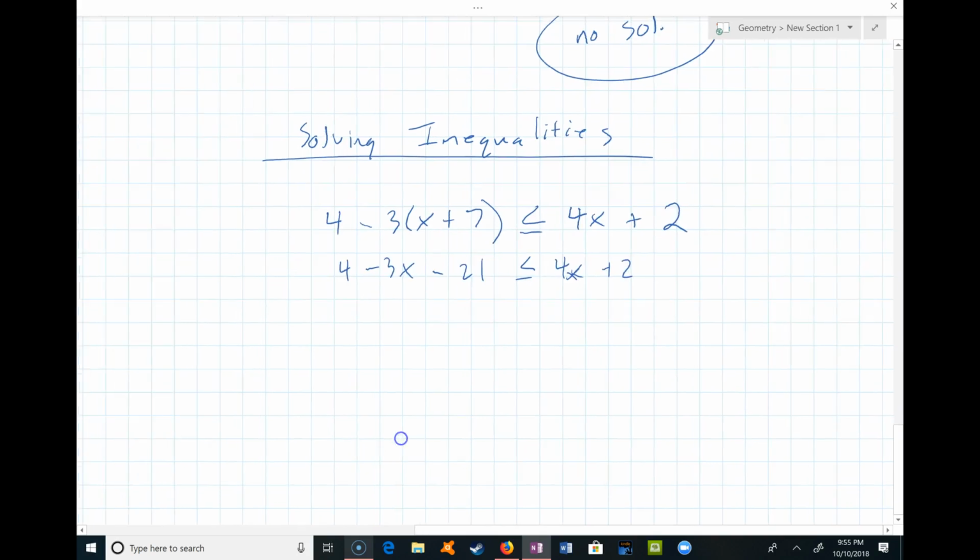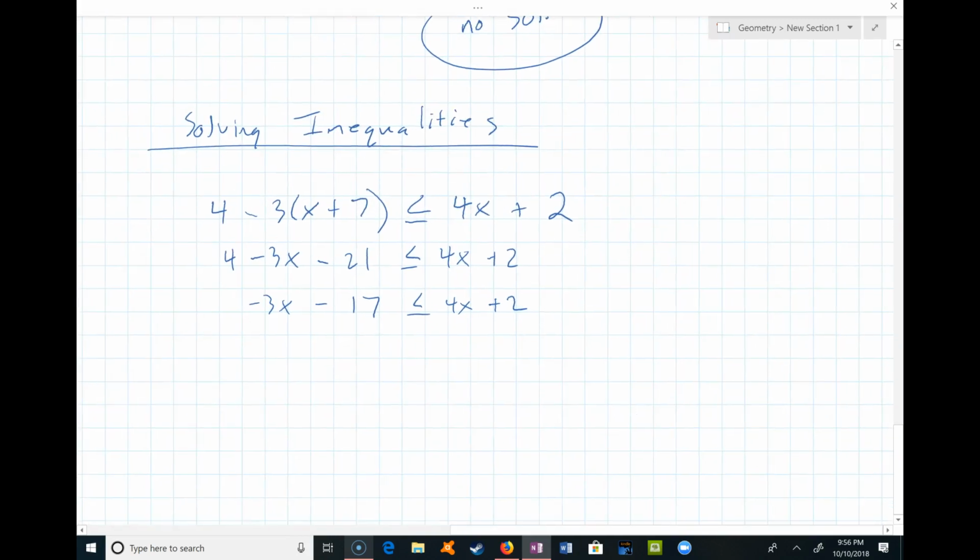And then we can simplify this further as negative 3x minus 17 is less than or equal to 4x plus 2. Now the next goal is to get the x's together. We could go either side. We could bring the 4x over to the left, or we can bring the negative 3x over to the right.